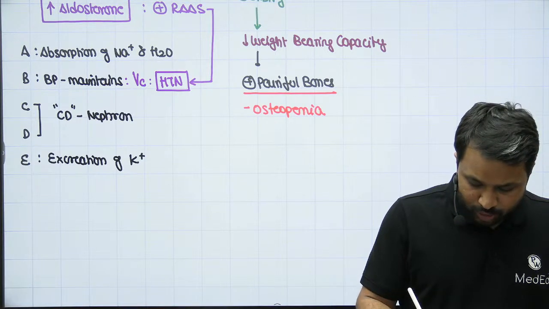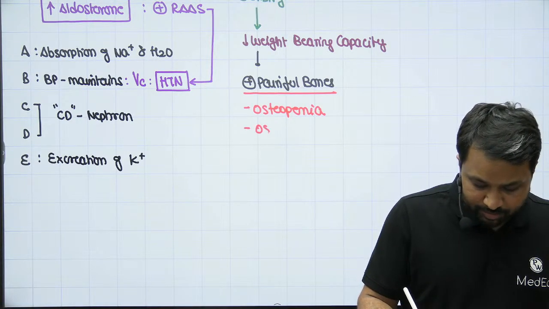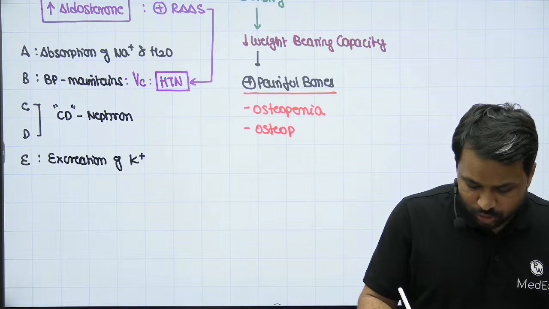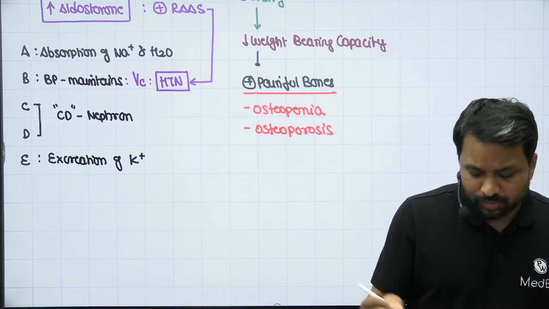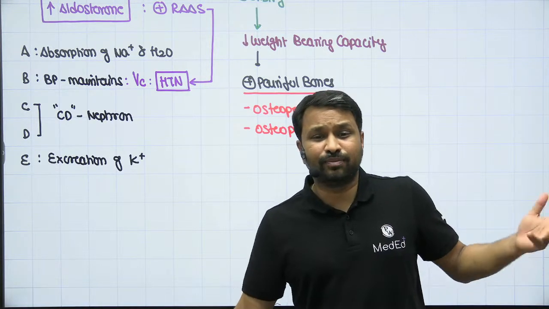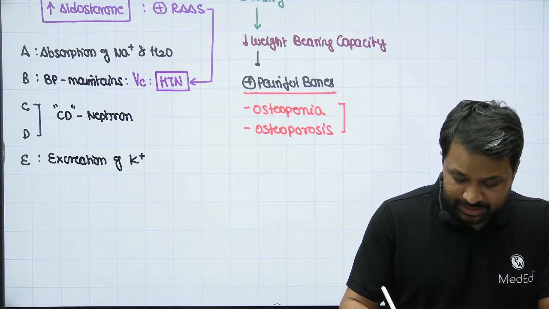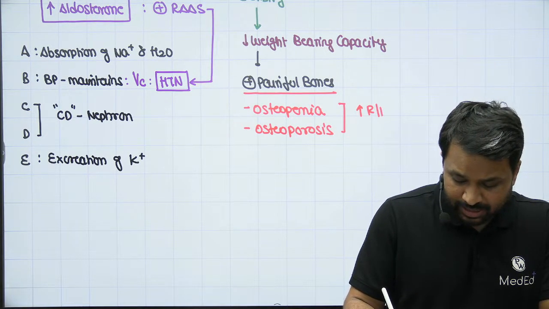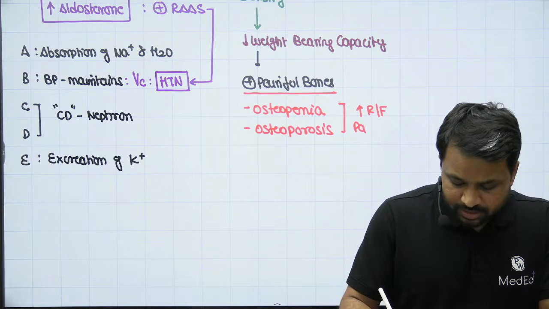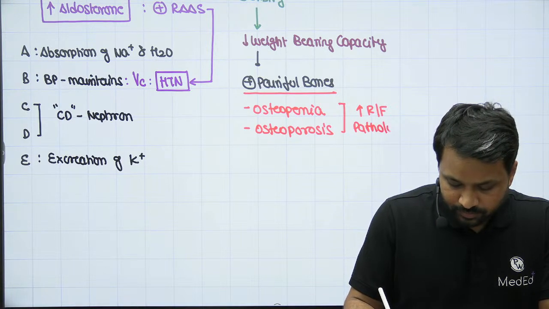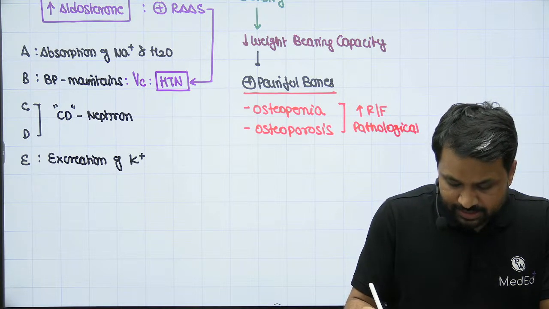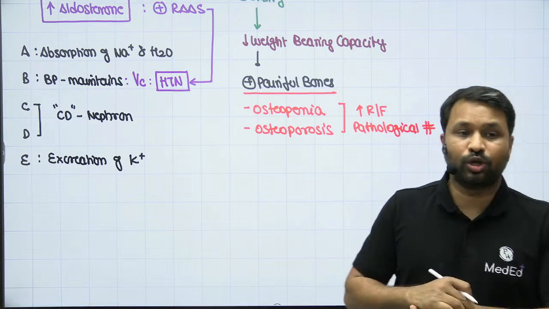Now this reduced bone mineral density will result in brittle bone, which is called osteoporosis. Osteoporosis is brittle, weakened bones, and osteopenia and osteoporosis increase the risk of pathological fractures.